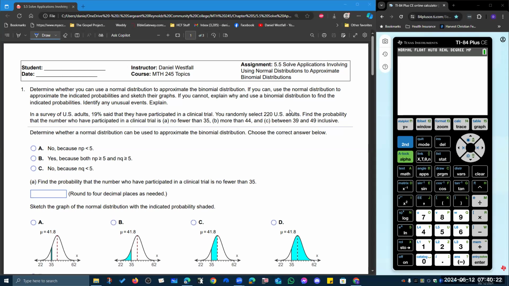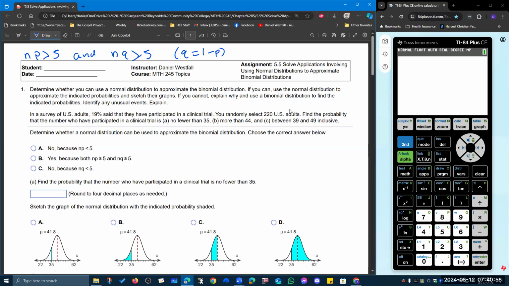If we have a binomial distribution where n times p is greater than 5 and n times q is greater than 5, remember that q is equal to 1 minus p, then we are able to do this approximation technique using the continuity correction factor.